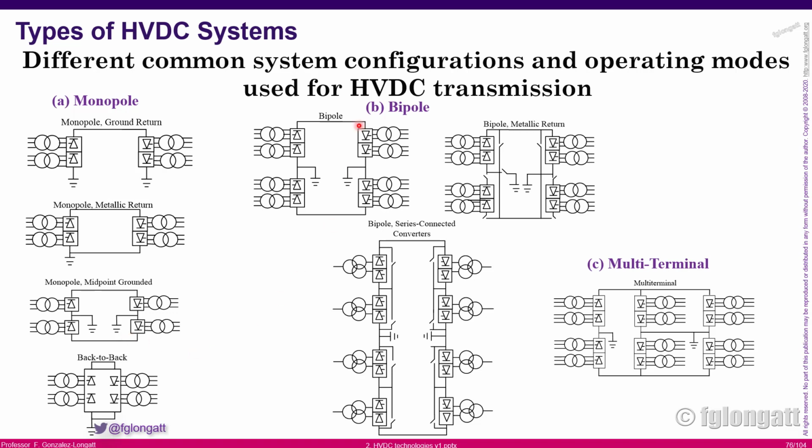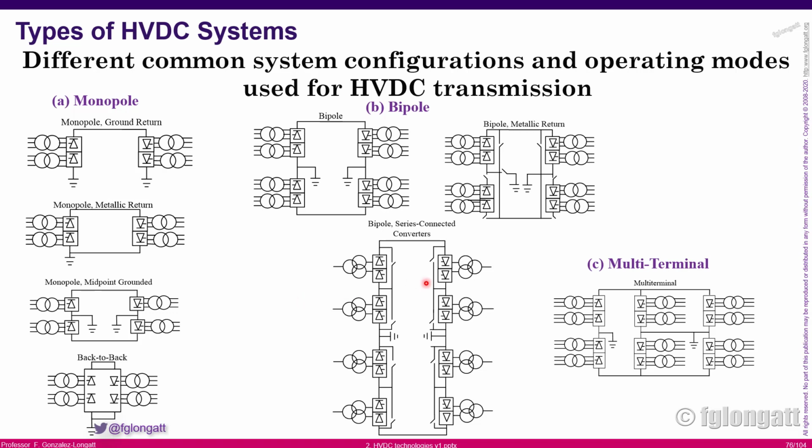On the other hand, here in the middle, you can see the configuration with the letter P, and that is a bipole. The bipole can have different topologies: the basic bipole, the bipole with metallic return, or we can have several converter bridges in series in order to create a bipole configuration of series connected converters, okay?